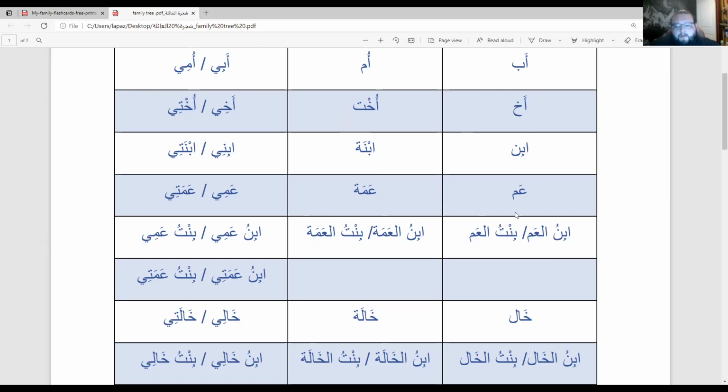You will have 4 ways to call them. You can either have an ibn al-am, which is your male cousin, your uncle's son, or bint al-am, which is the female, or ibn al-amma, which is the son of your aunt from your father's side.